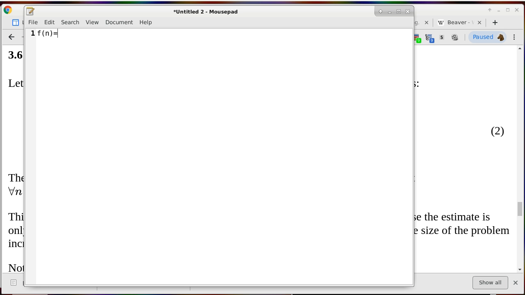Now, f of n is defining the actual time that it takes for an algorithm to finish relative to the size of the problem, and n is the size of the problem. So it can be the size of an array, the number of vertices, the number of edges. It has to be some kind of metric that you use to measure the size of the problem. How big of a problem are we trying to solve? That is captured by n.